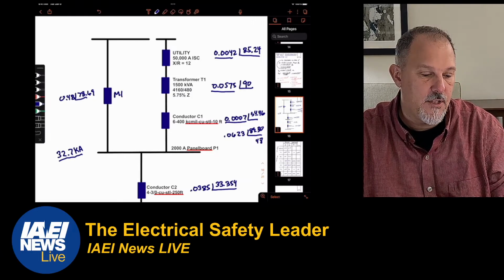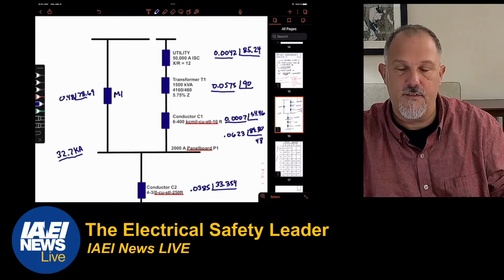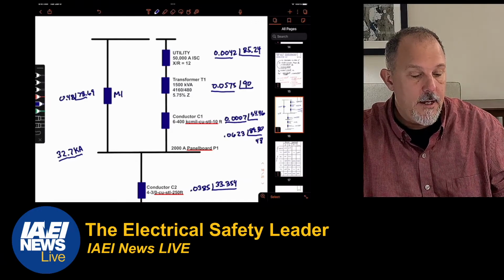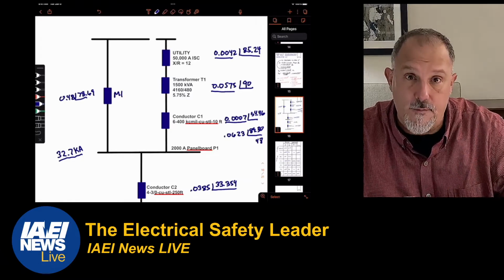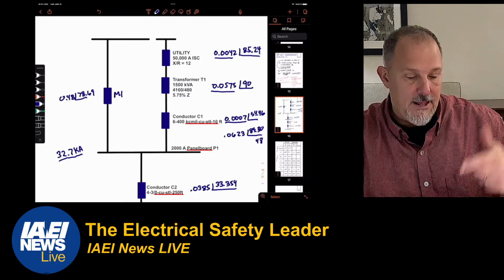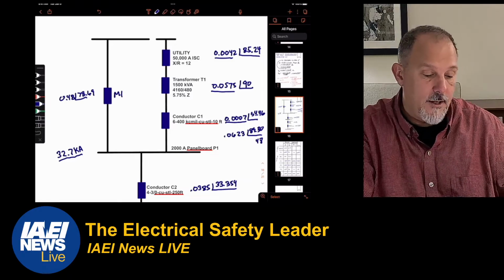Add that with 0 for the resistance of the transformer because it's at 90. I would add that with 0.0007 times the cosine of 54.46.